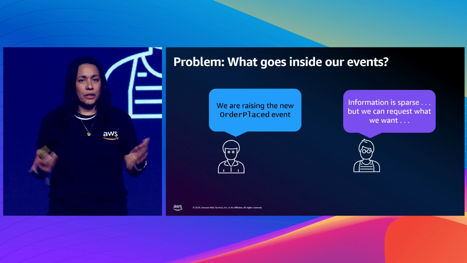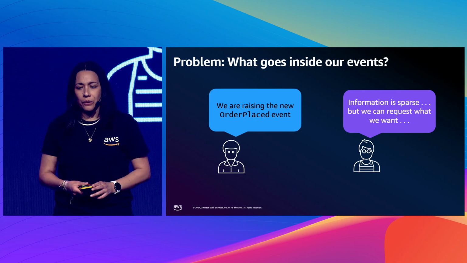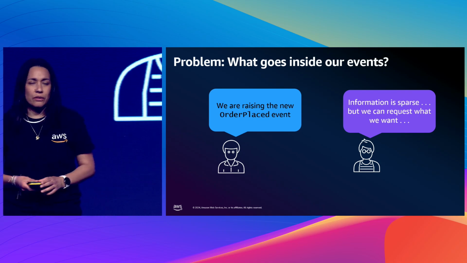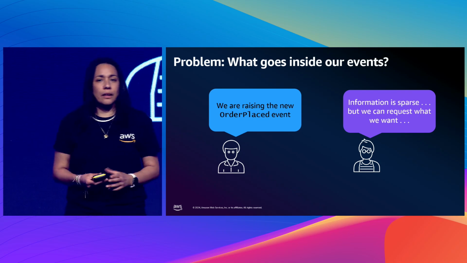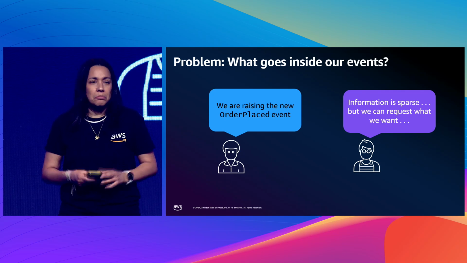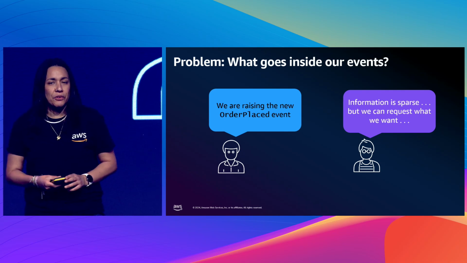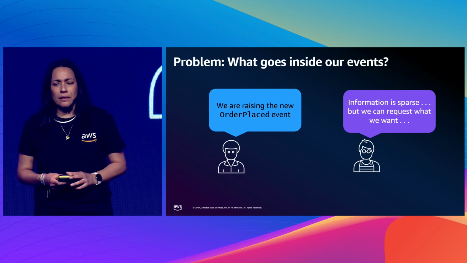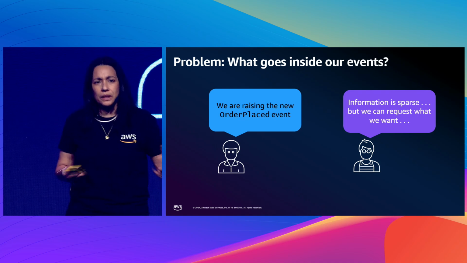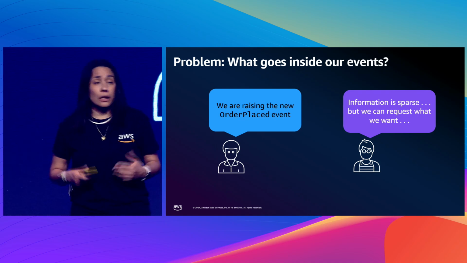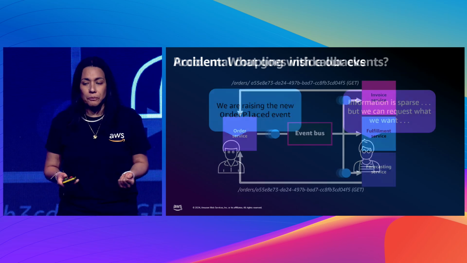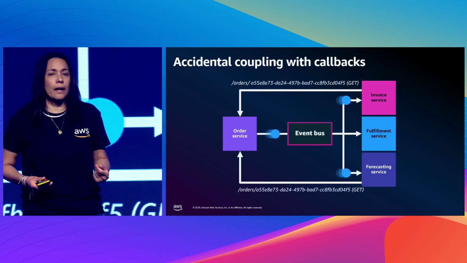Especially when we want to communicate across boundaries, and we, as the orders domain, think, okay, I'm going to raise the event this way, and maybe the first consumer comes around and says, okay, that's not a lot of information, it's a bit small, but I'll accept it, I'll use it as it is, because if I need more information, then I'll simply go back to you and ask for it.